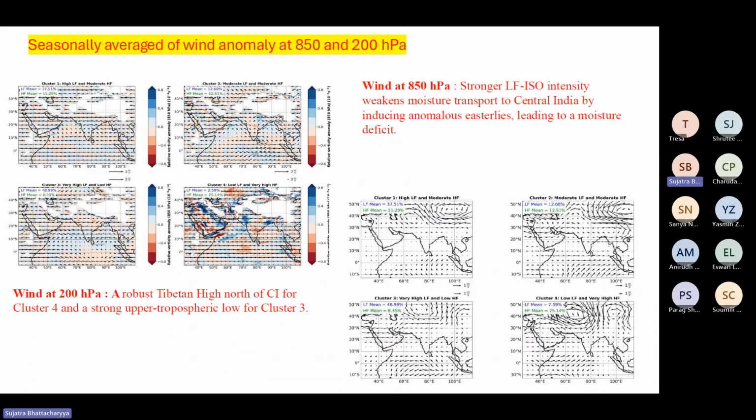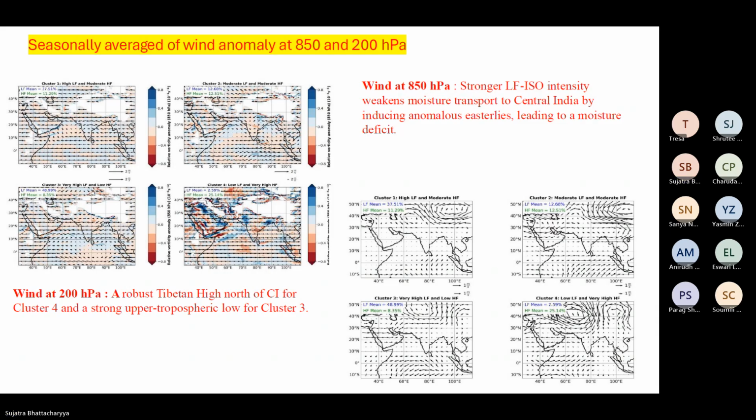If we see cluster 4, which has the minimum LFISO and maximum HFISO intensity, it's strongly westerly at the low level, which explains why rainfall is high, because advection of moisture from the Arabian Sea is very high. And when we see cluster 3, with very high LF, there is a strong steady flow over the lower region, near the surface.